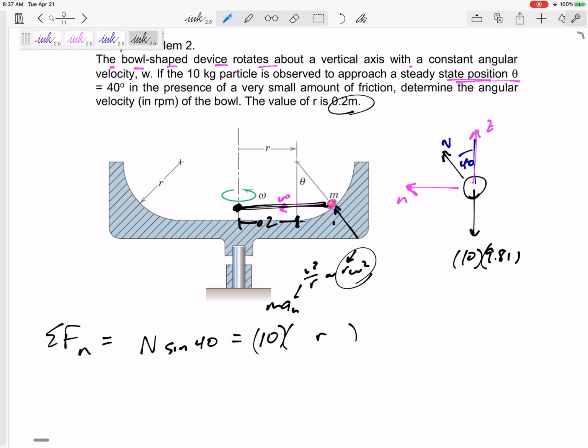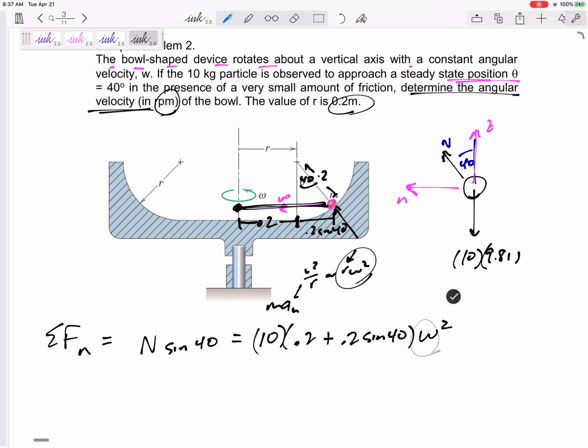And what would this be if this is 40 and this is 0.2? 0.2 sine 40. Yeah, so I've got my R to be 0.2 plus 0.2 sine 40, whatever the value that is, 0.3285, something.